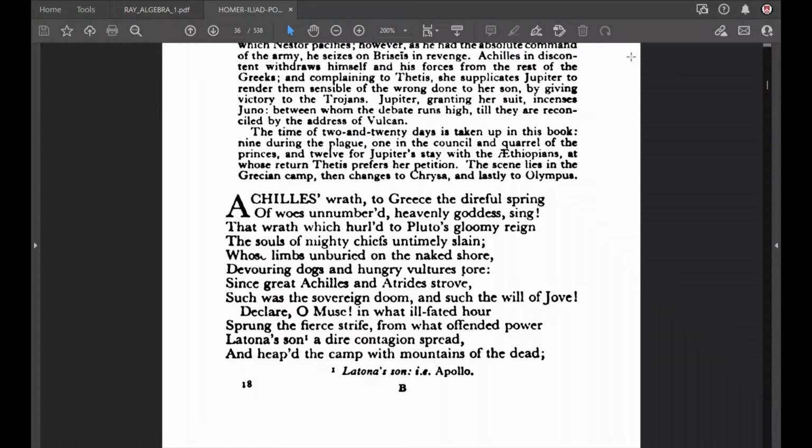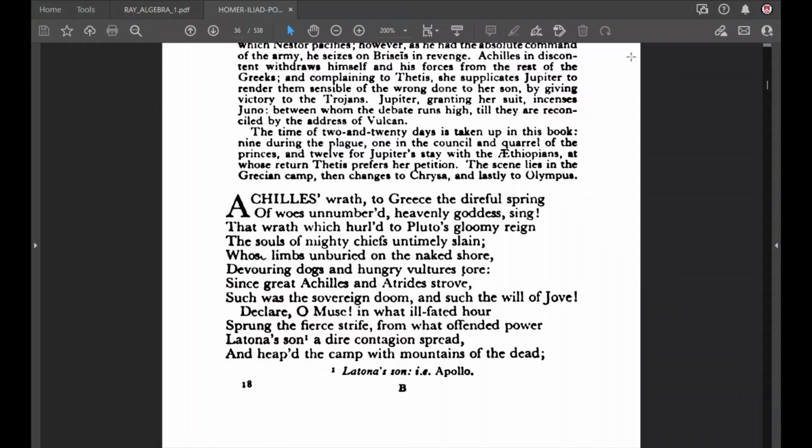Achilles' wrath, it says, to Greece the direful spring. A spring is a source of water, right? A spring is a source. So here's an example of Homer using a figure of speech. He refers to Achilles' wrath as the spring of something, a source of something to Greece. And direful simply means bad or harmful.